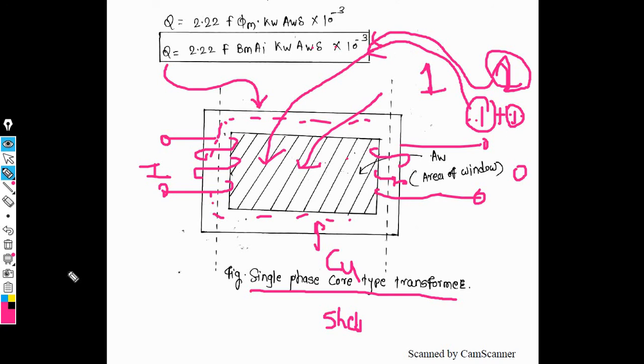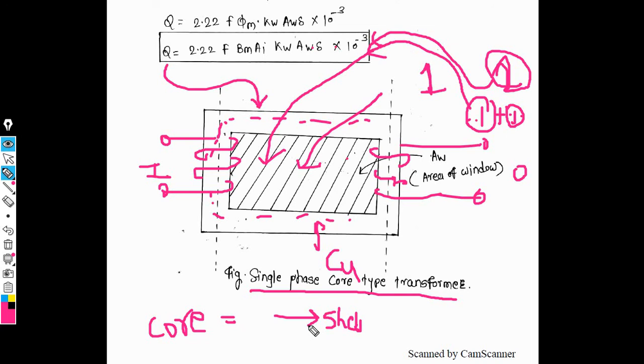That means the output equation of both is the same, that is the core type transformer output equation is equal to the shell type transformer output equation. We have to use the same equation.